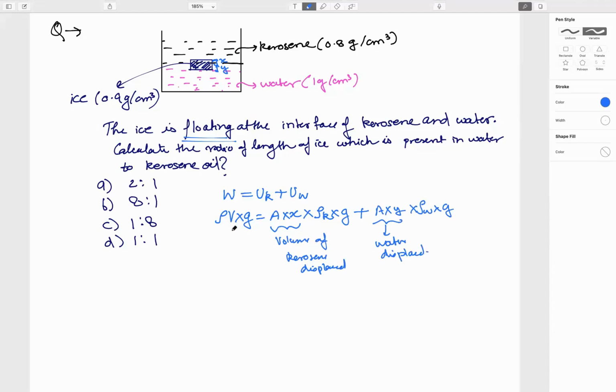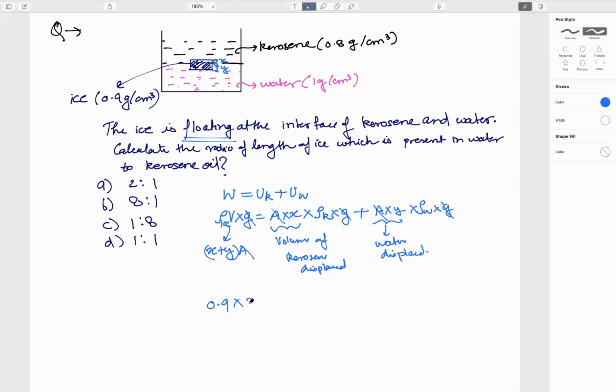And net volume is X plus Y. This is ice, so X plus Y into rho of ice. A will cancel out, rho of ice is given 0.9, and G will also cancel.